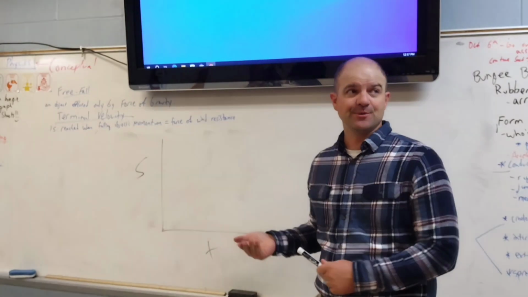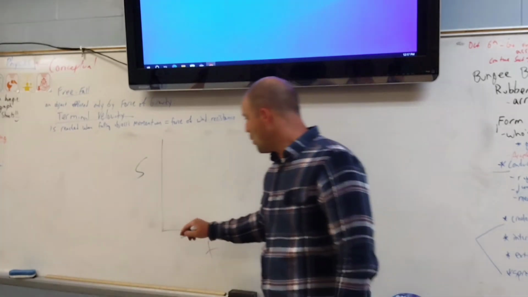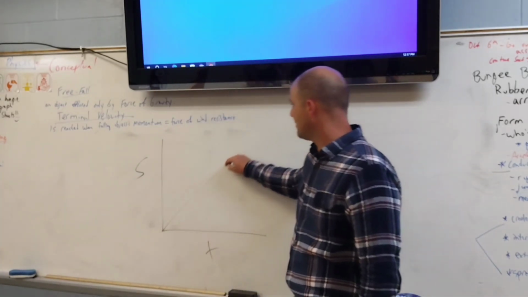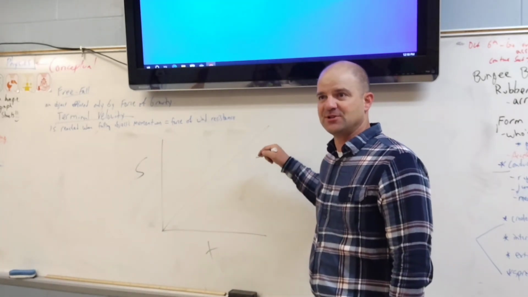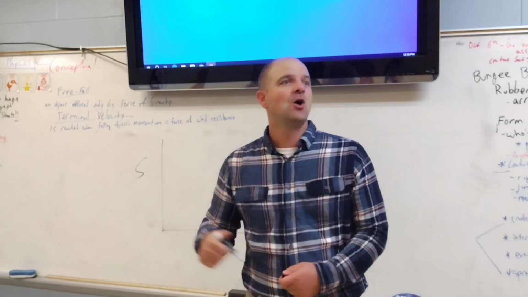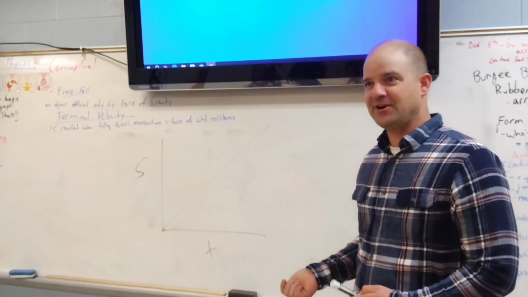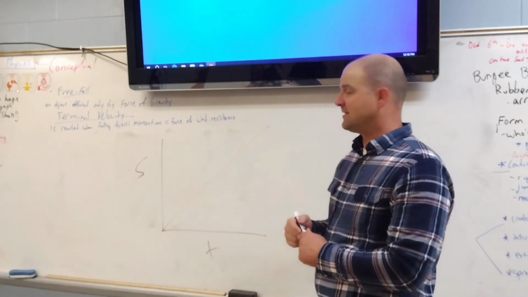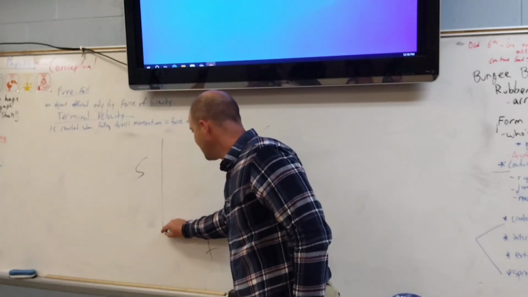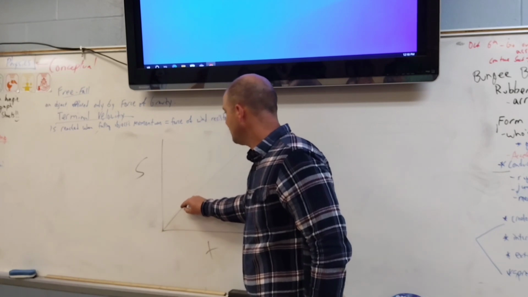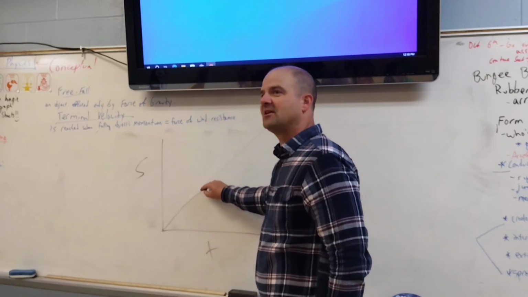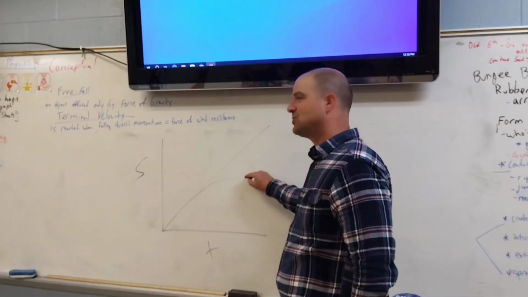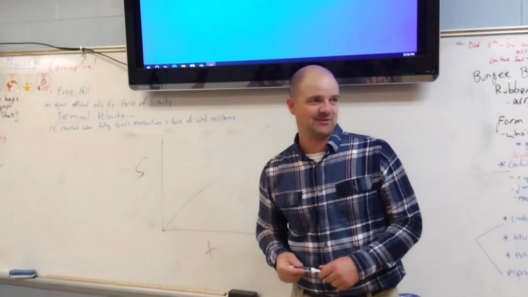It would start at 0. If there were no wind resistance, your acceleration would just continue forever until either you deploy your chute or you hit the ground. Agreed? Okay. But it isn't going to be perfectly like that, because as you're accelerating due to gravity, you'll also start to lose a little bit of that acceleration the faster you go because of the wind resistance.